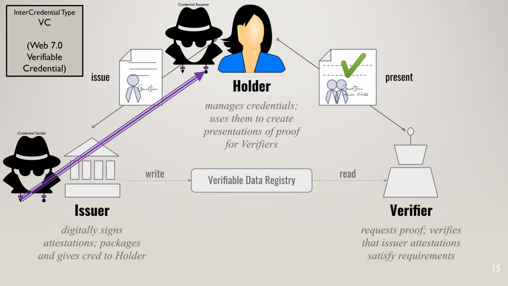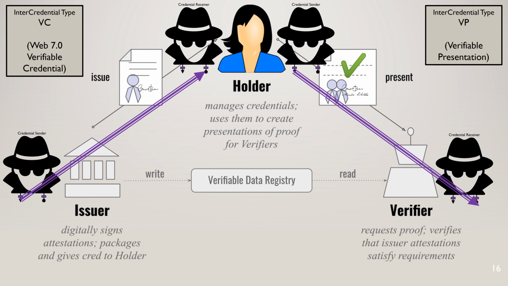And it's going to send that verifiable credential to the holder. And the holder is just a specialization or a derivation of a credential receiver. Everything that we know about verifiable credential intercredentials applies here. And we can see in the top left-hand corner, the intercredential type is VC.